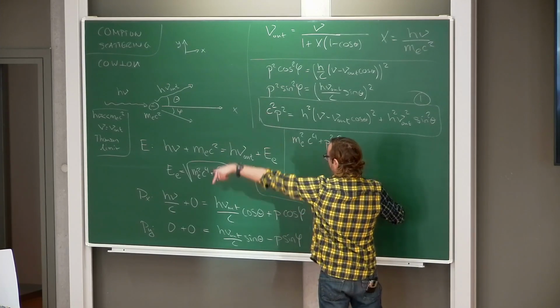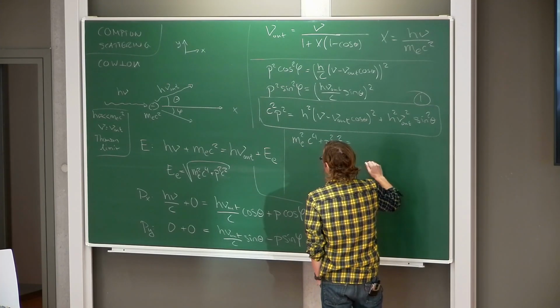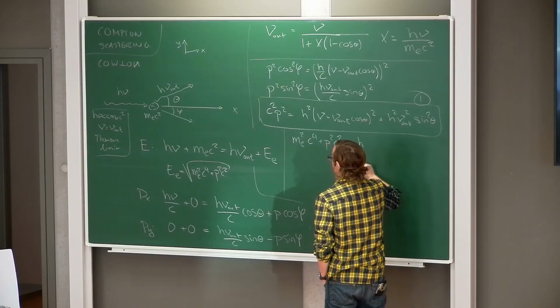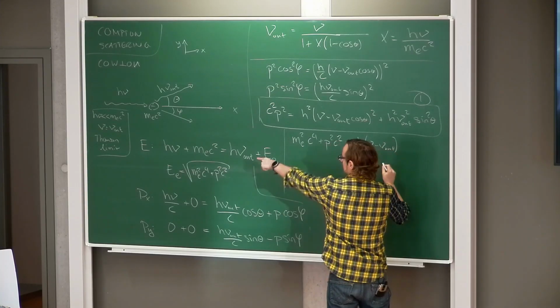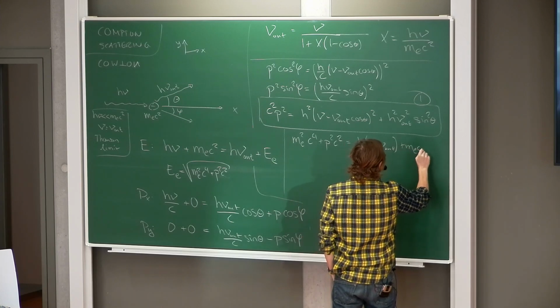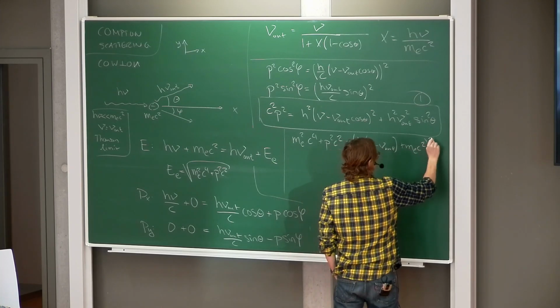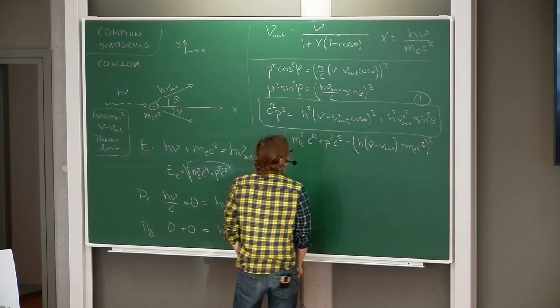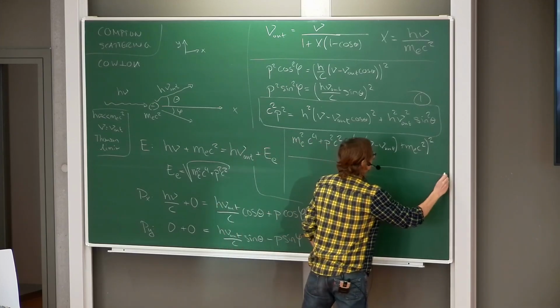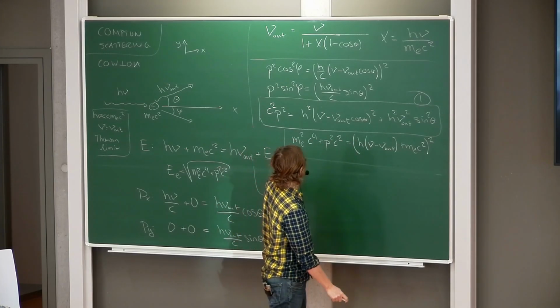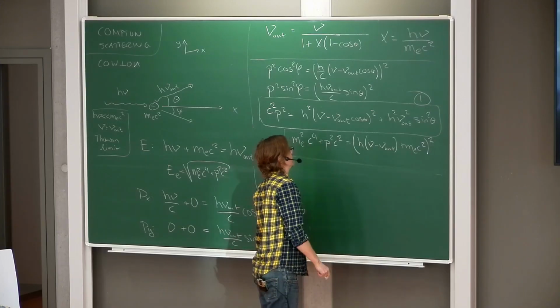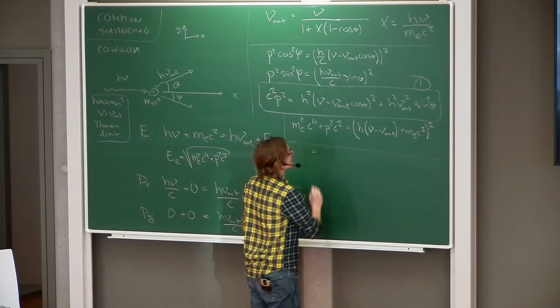And that's going to be equal, and then we have all of these on that side. So it's going to be h nu minus nu out, right? And plus m_e c squared, and I'm going to have to square it. Actually, let's write this down because we can realize that this guy seems to be over there. So we can write this out.